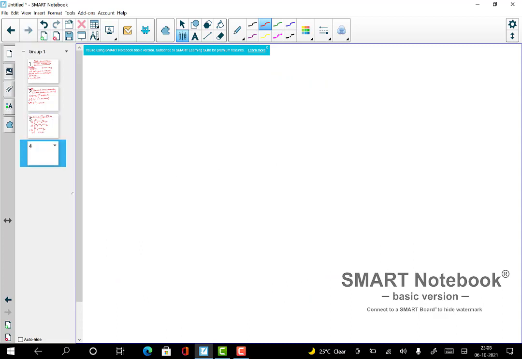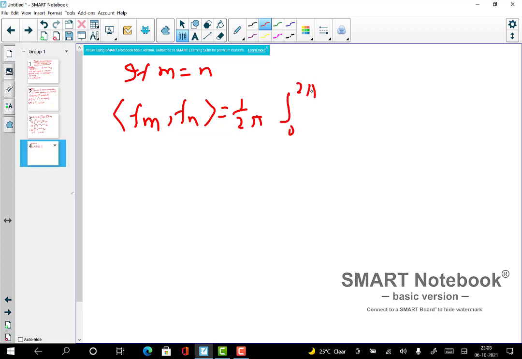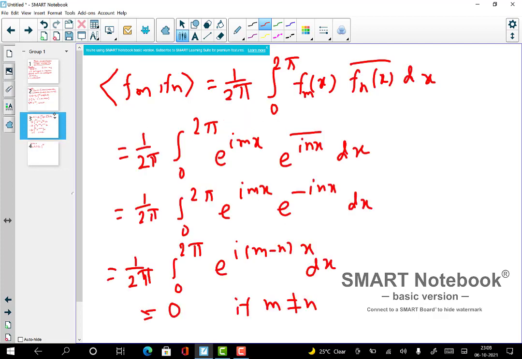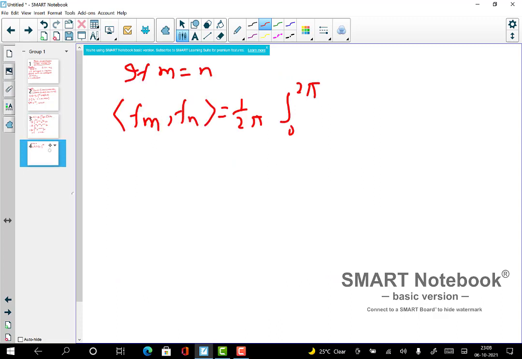In the case when m equals n, the inner product is 1 by 2 pi integral from 0 to 2 pi of dx, since m equals n means the exponent is 0, and hence you have 1.